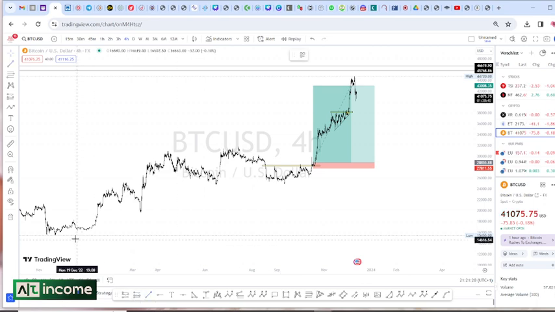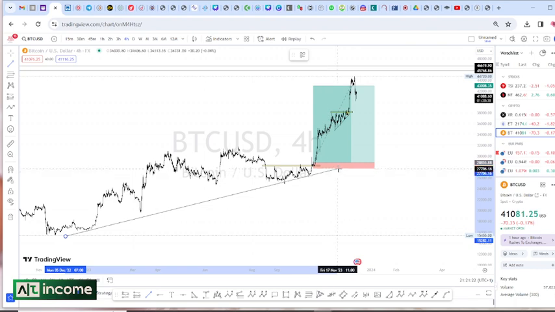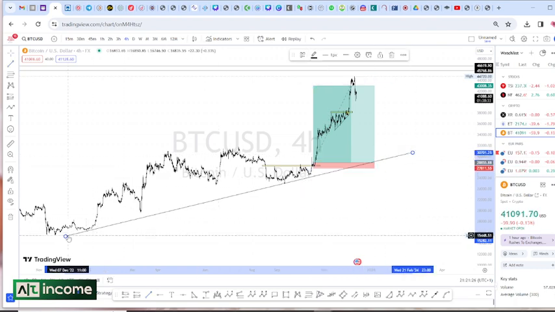Just that word, basics, it gives accurate entry. I repeat myself, it gives accurate entry. Look at this. Here I have my first touch, price moved up. Second touch, this is the third touch.